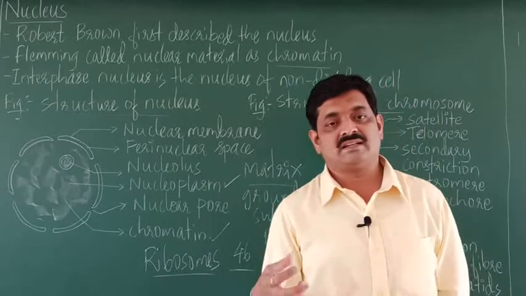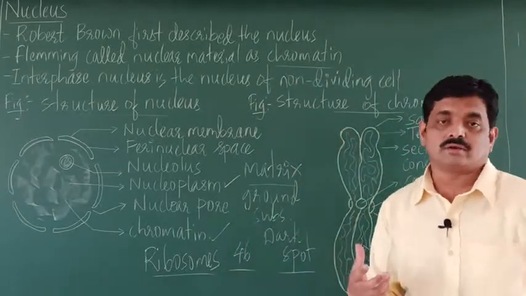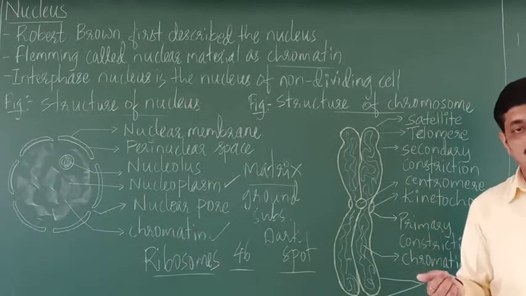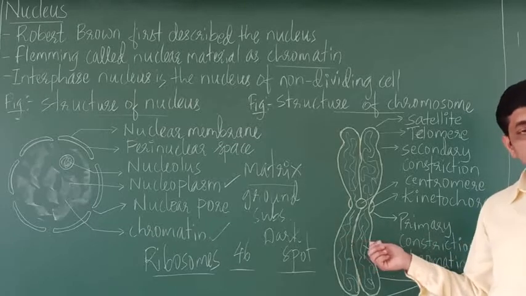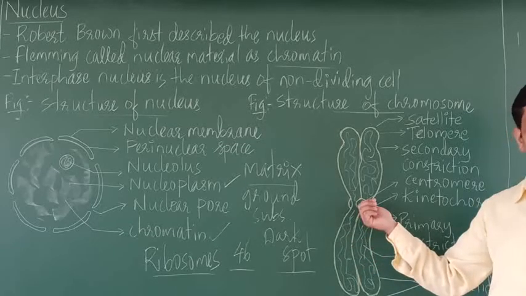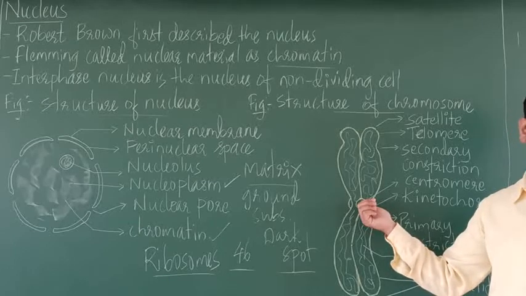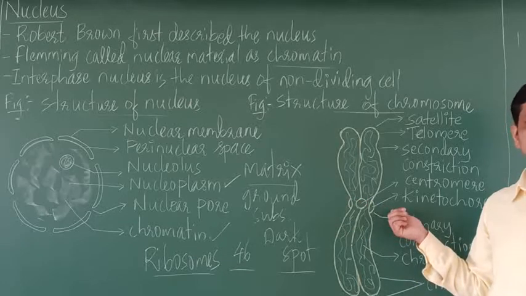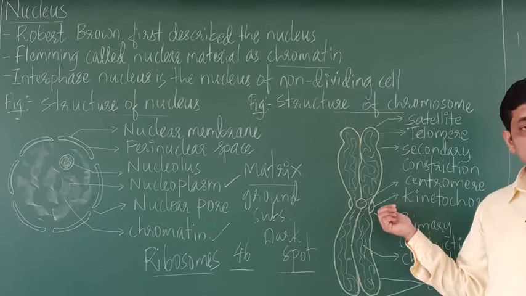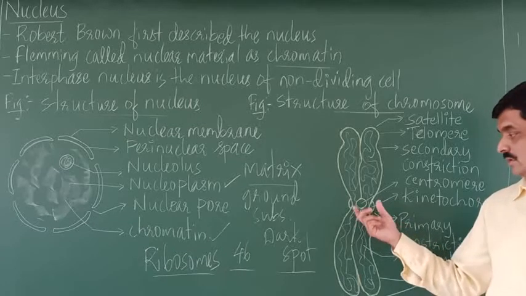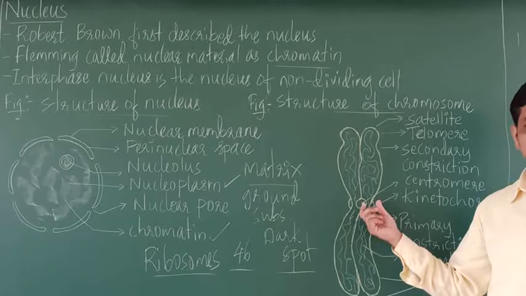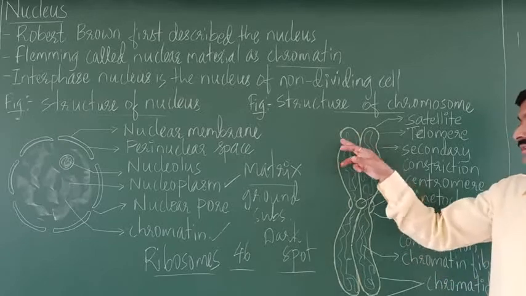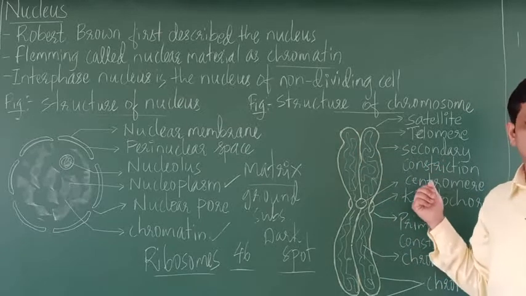Let us revise that in brief. A chromosome is composed of a pair of chromatids. Both these chromatids are held together, or attached, at a point called the centromere. External to the centromere, there are disc-shaped structures called kinetochores. The region of the centromere is narrow. It forms the primary constriction. There is another constriction at the tip called the secondary constriction.